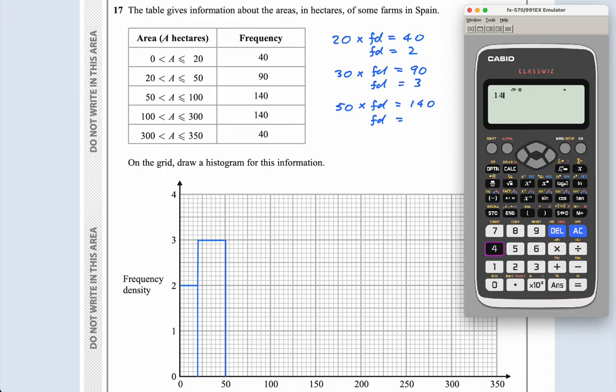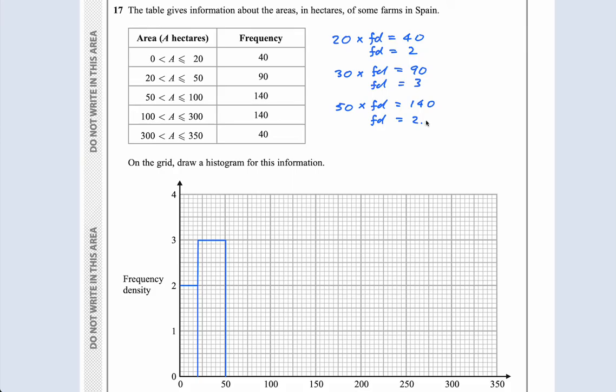Use your calculator. 140 divided by 50 is 2.8. So now from 50 to 100 here, this has to go to 2.8. And right across, they have to join.